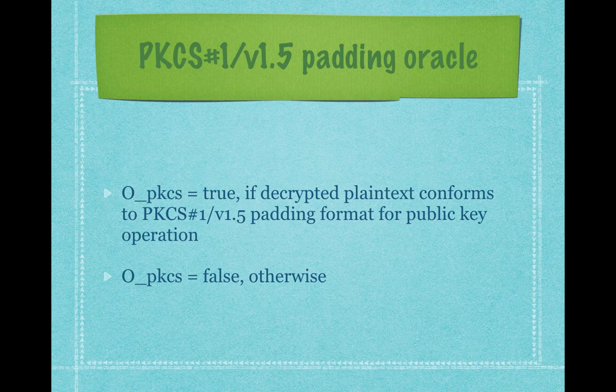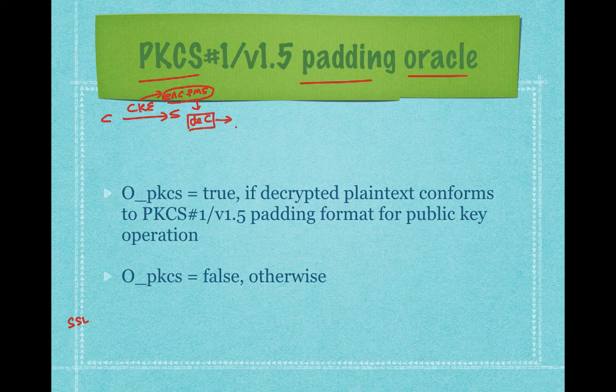Bleichenbacher attack uses what is called a PKCS padding oracle. So let's take an example of SSL. In SSL, when you use RSA for key exchange, the client will typically send a client key exchange message to the server during the handshake. This client key exchange message will contain the encrypted pre-master secret. The server will collect this encrypted pre-master secret and try to decrypt it.